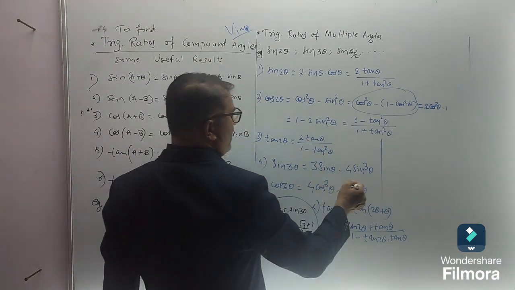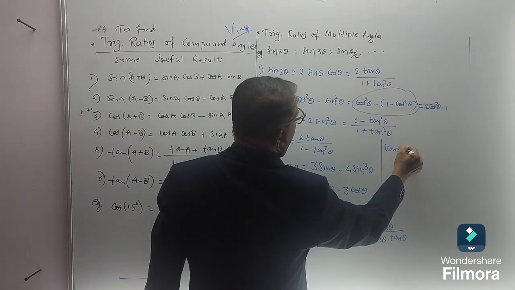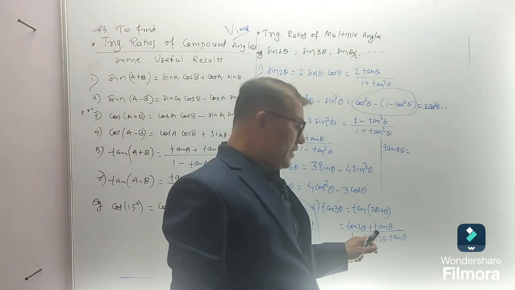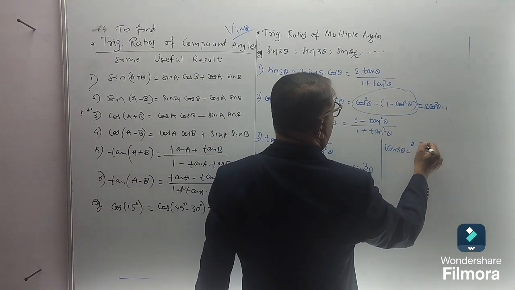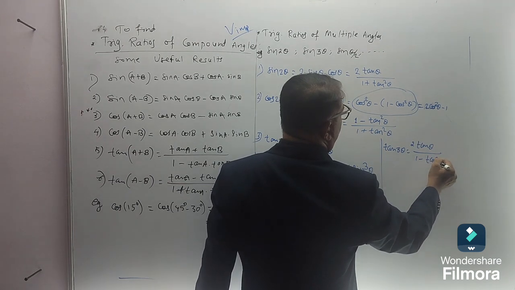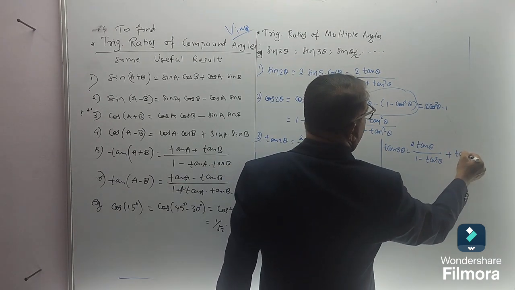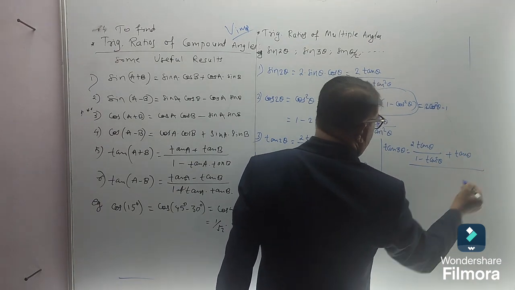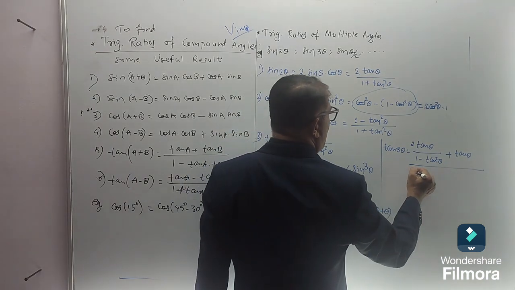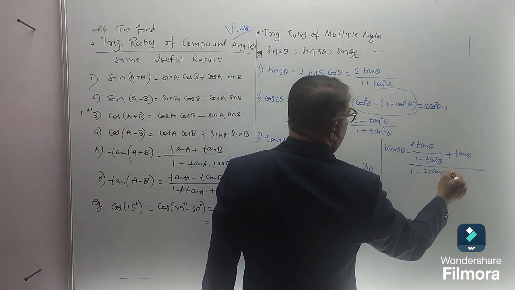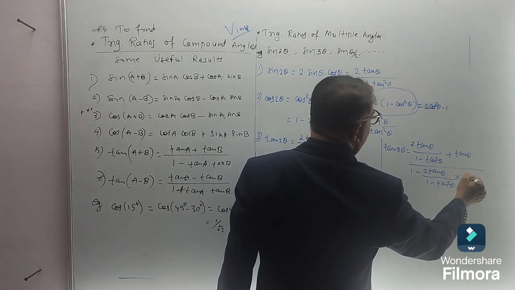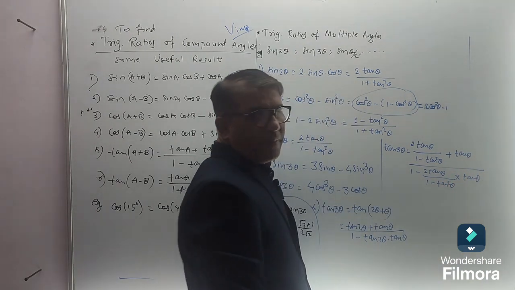Therefore, tan of 3 theta becomes tan 2 theta, which is 2 tan theta upon 1 minus tan square theta, plus tan theta, and in the denominator also 1 minus 2 tan theta upon 1 minus tan square theta into tan theta.